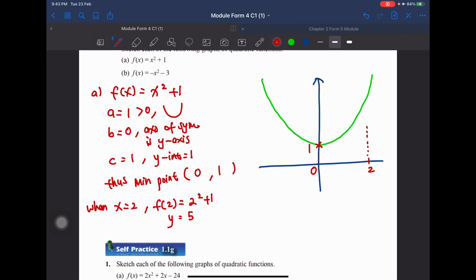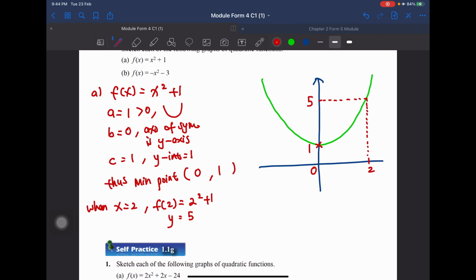So when x equals 2, y equals 5. Boleh benda ni kita buat sebab dia tidak memotong pada paksi x.